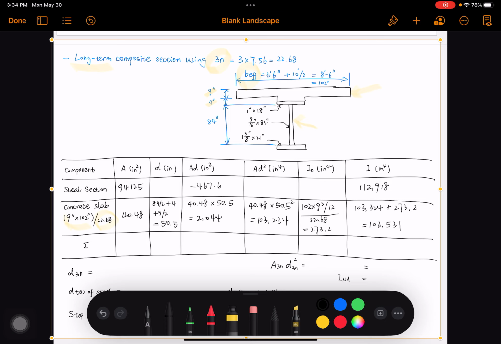Now the total area, 94.125 plus 40.48, equal to 134.61. The sigma AD is negative 467.6 plus 2044, which gives 1576.